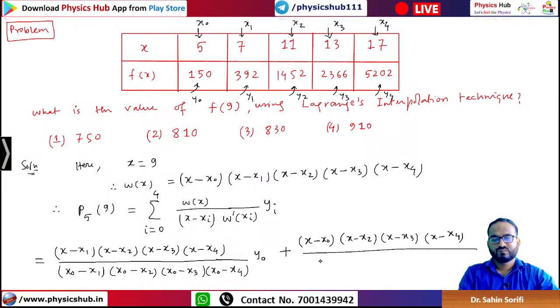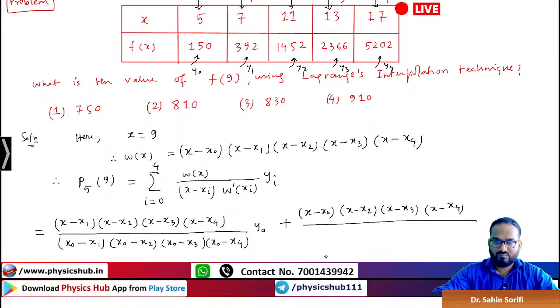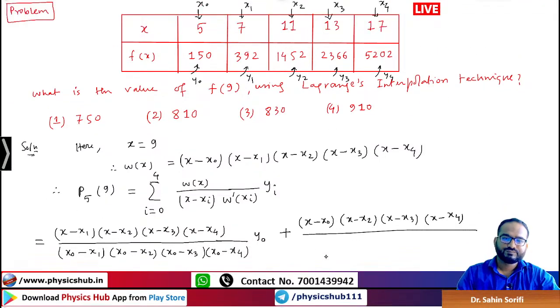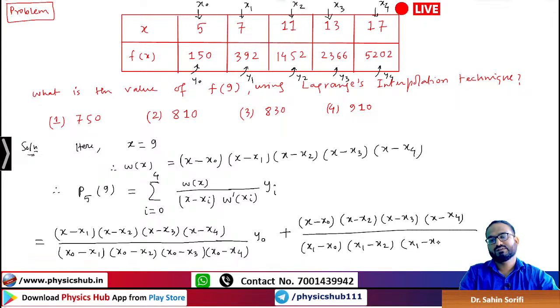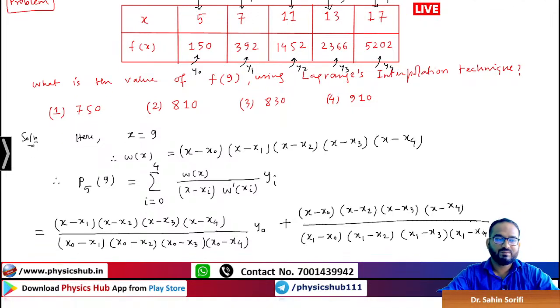Okay, so you don't need to worry that it is going to be very long. For the time being we are learning, so things can go a little bit lengthy, but it's okay. Here it is (x1 minus x0)(x1 minus x2)(x1 minus x3) and (x1 minus x4). So have you understood these first two terms?